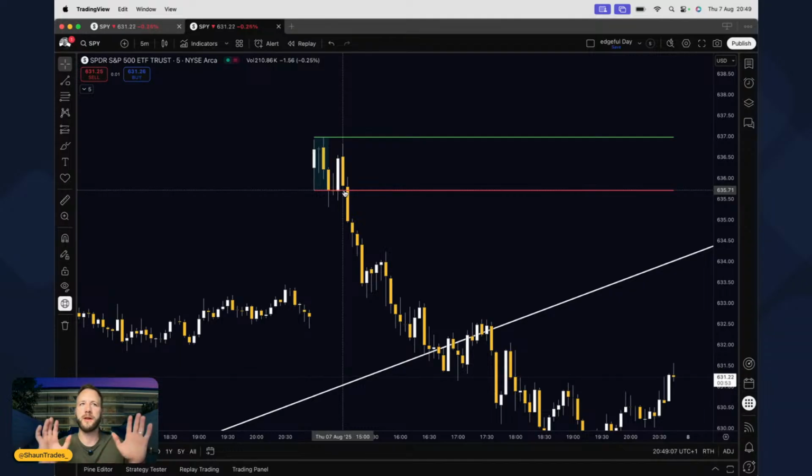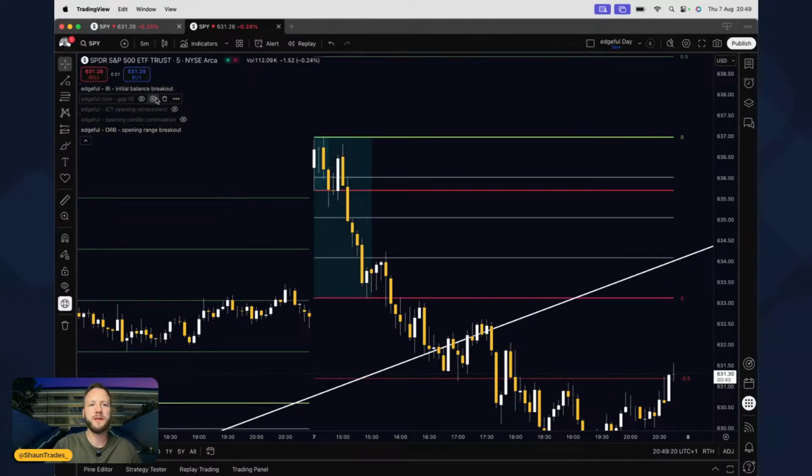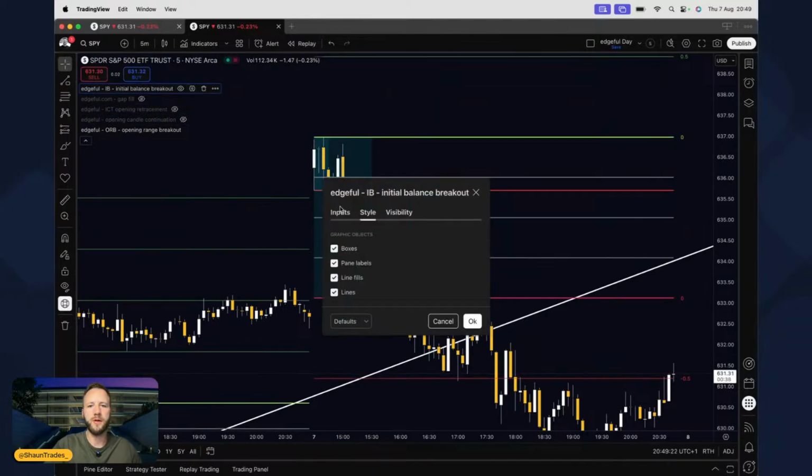Either way, you've got this 15-minute breakout. You can just trade it as a general area that will break out at some point. So breakdown, of course, we have the breakdown here, and then we can add the initial balance breakout levels. I will turn off the retracements.